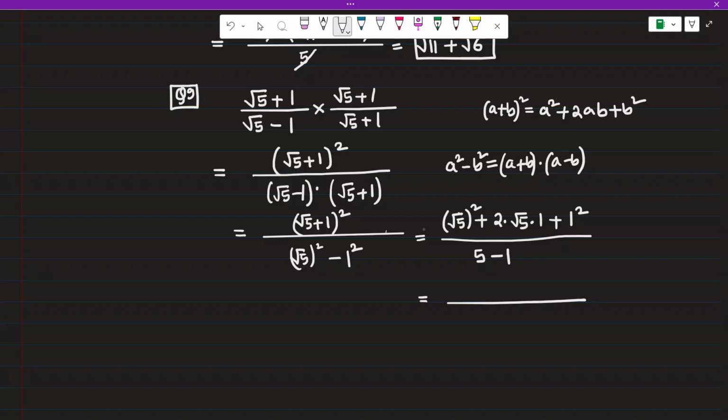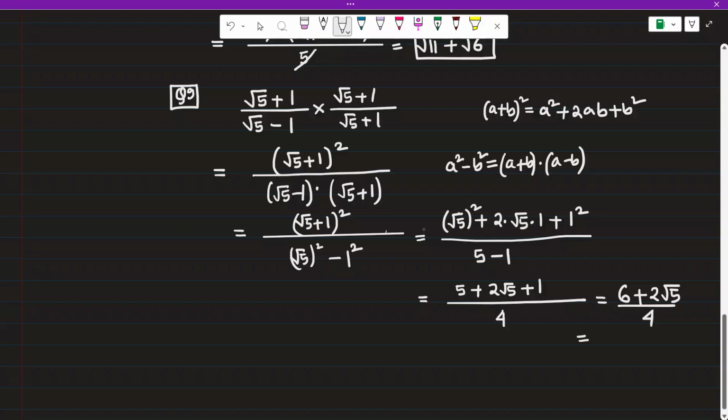That equals root 5 square, which is 5, plus 2 root 5 plus 1, over 4. If we simplify that, we got 6 plus 2 root 5 divided by 4.